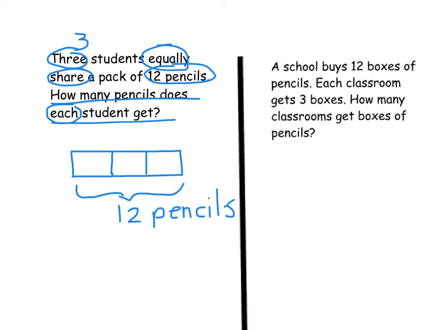And I'm also going to label 3 students underneath 12 pencils, because that's also what my tape diagram represents. I'm trying to find out how many pencils this student gets, and this student gets, and this student gets. I'm trying to find out the size of my groups.